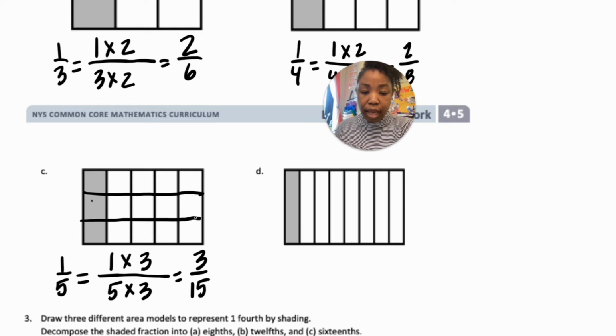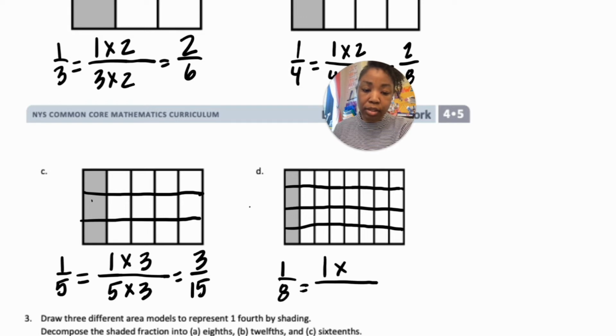And for D, we have 1 out of 1, 2, 3, 4, 5, 6, 7, 8. Let's do 4 rows. So I'm multiplying 1 times 4 and 8 times 4 to give us 4 over 32.